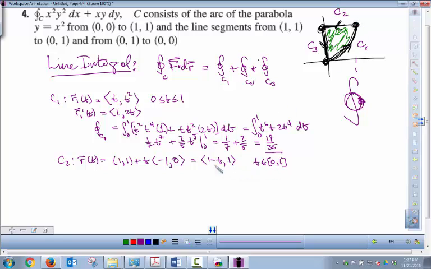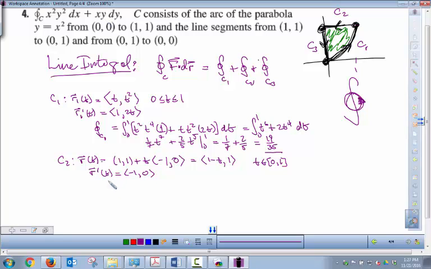If you put 1 in there, you're going to get (0, 1), which is exactly the starting and ending points. All right, so the derivative is (-1, 0). So that's good news for the dy. The dy is going to be 0, so that's going to disappear.